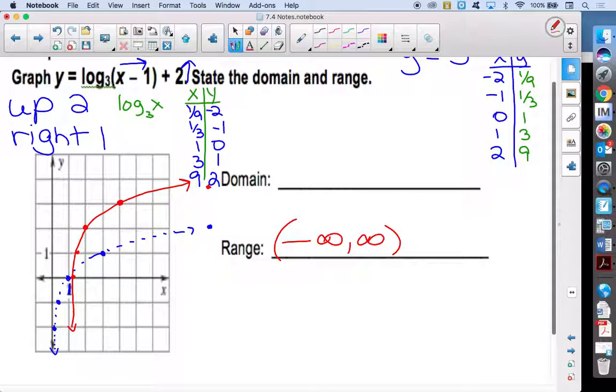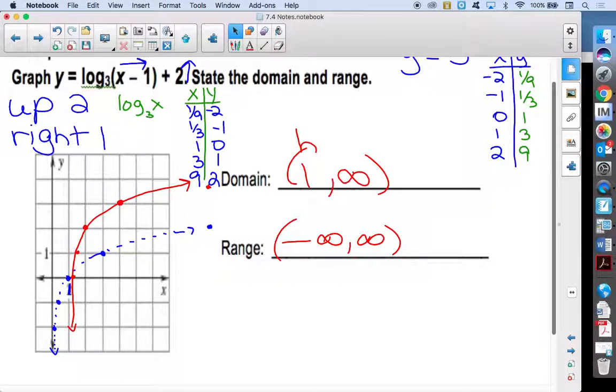The range will be negative infinity to positive infinity, but the domain changes. Sarah, what does it change to? 1 to infinity. Right, now it's 1 to infinity. And that's the h value. That number in the parentheses now is what's making this domain change.